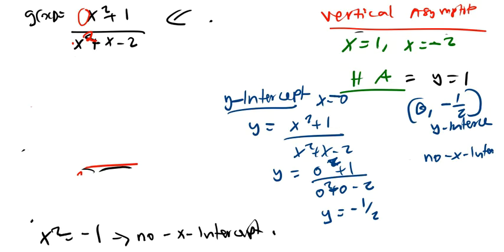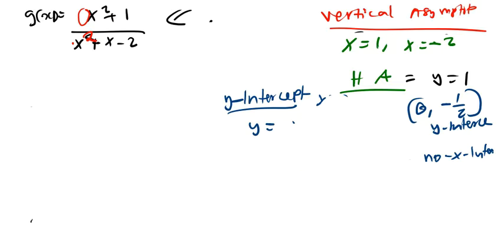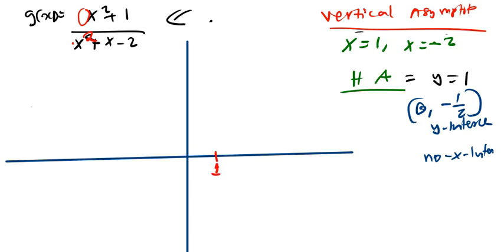After finding the intercept and the asymptote, you can go ahead and now sketch the graph. So there we go. The vertical asymptote cuts the x-axis. So when x is equal to 1, it will cut there.